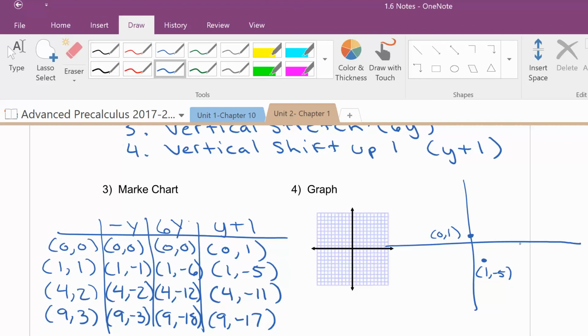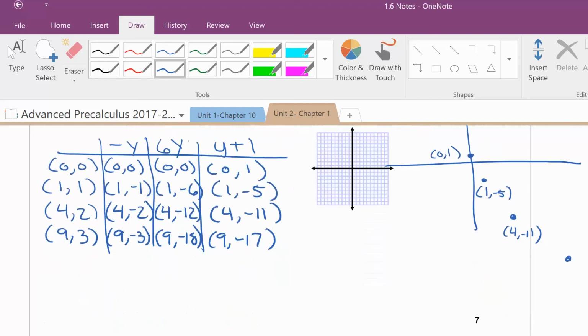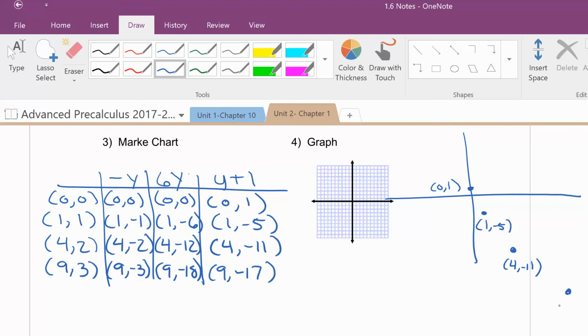Then I have 4, negative 11, which would be down here. And then I have 9, negative 17, which would be way down there. So this graph looks like that.